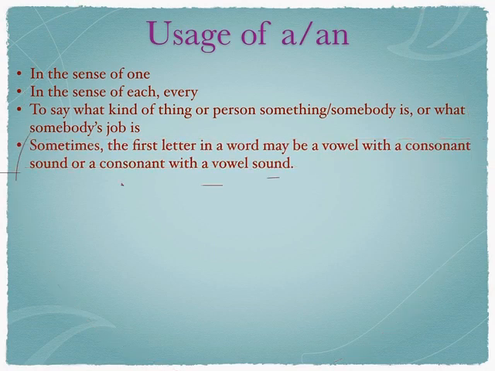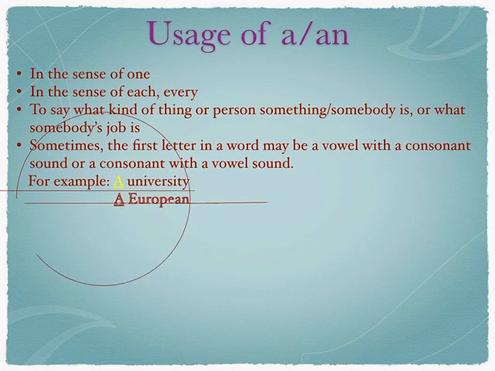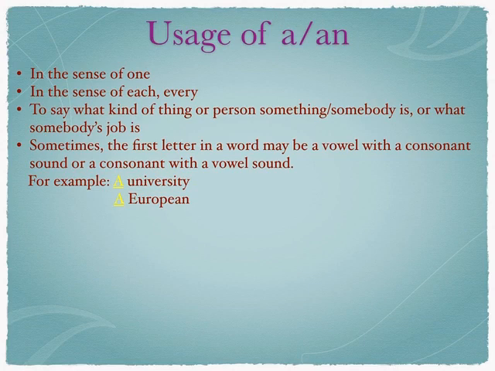Next. Sometimes the first letter in a word may be a vowel with a consonant sound, or a consonant with a vowel sound. Now here we have to see, if the letter is a consonant but the sound is a vowel, or the vowel letter with the consonant sound, so what to use?